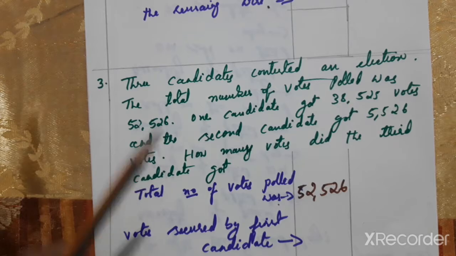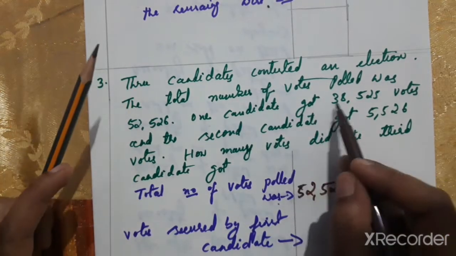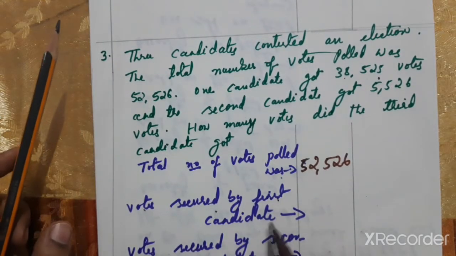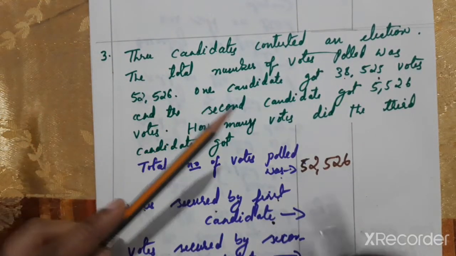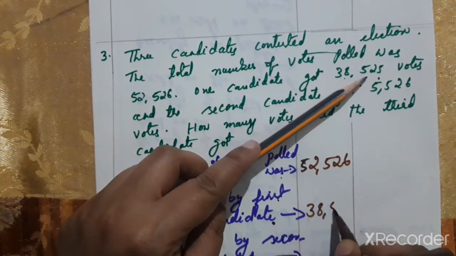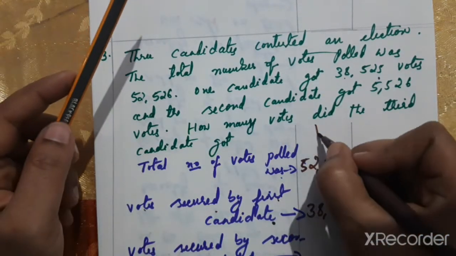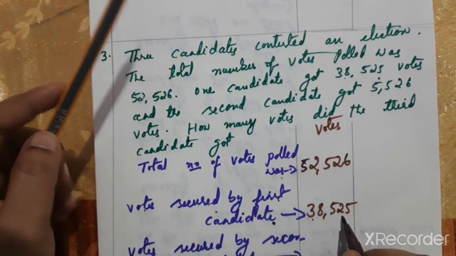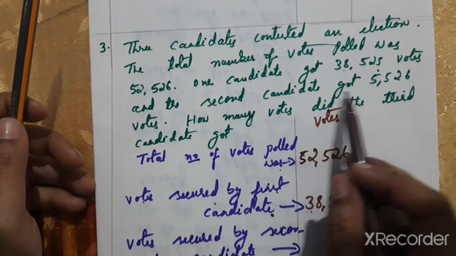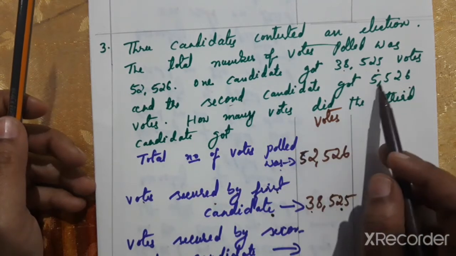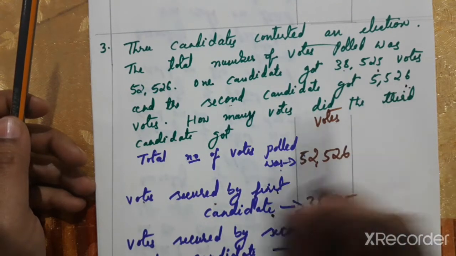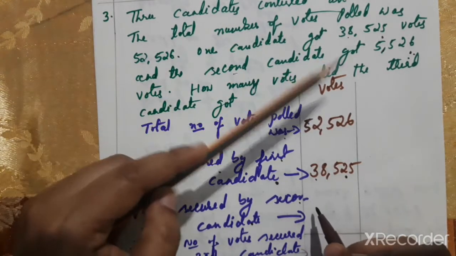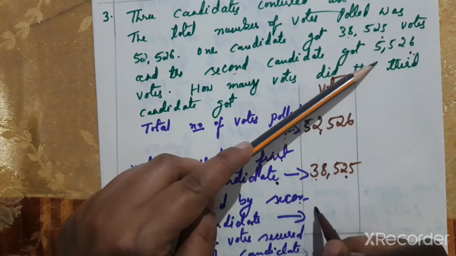In that, first person, how much? 38,525 votes. So votes secured by first candidate is 38,525. Then second candidate got 5,526 votes. So sentence is votes secured by second candidate.